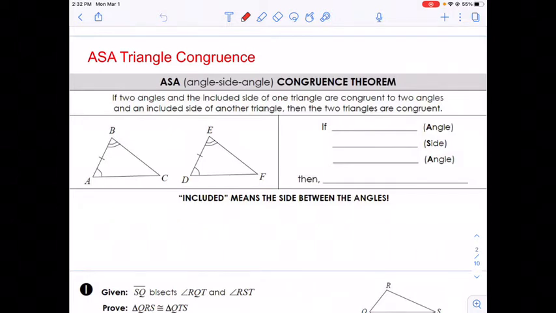So if 2 angles and the included side of one triangle are congruent to 2 angles and an included side of another triangle, then the triangles are congruent.